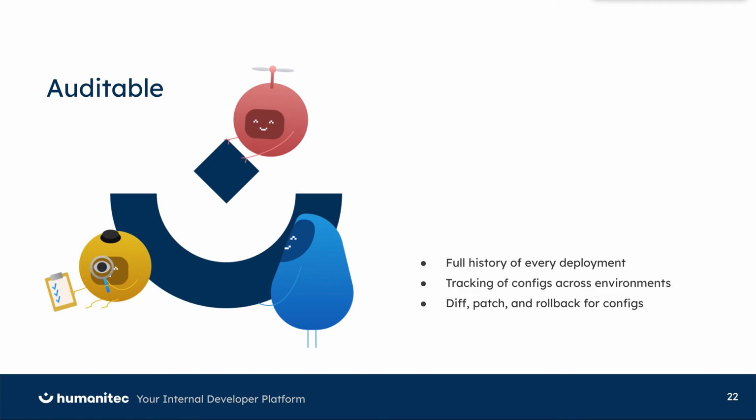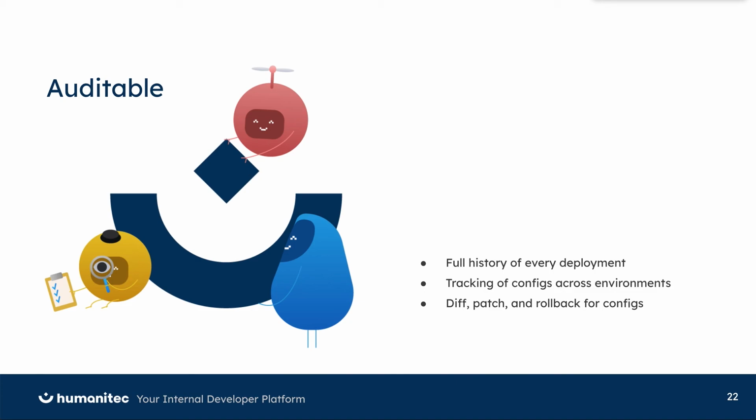And finally, auditable. So we talked a little bit about tracking history and so on. One of the big advantages, if everyone is moving their development through an internal developer platform, is you have a full history of every deployment. And you also get to compare the configuration across different environments.